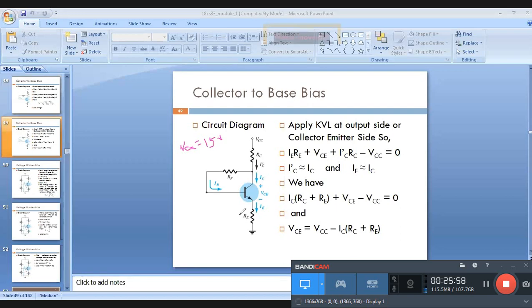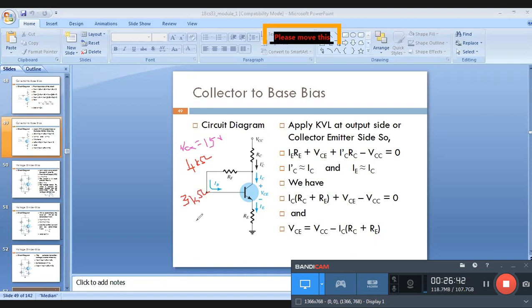For the circuit shown in the figure, VCC is equal to 15 volts, RC is equal to 4 kilo ohms, and RB is equal to 3 kilo ohms.